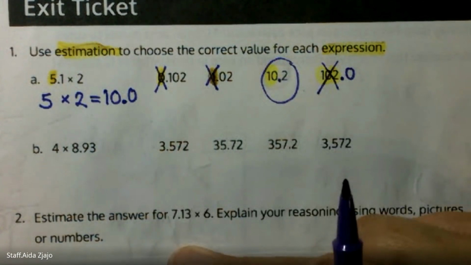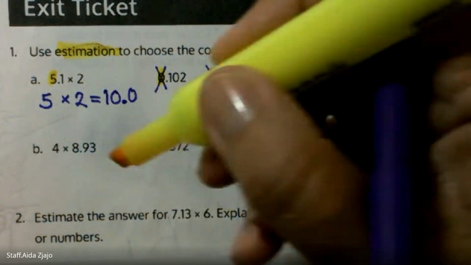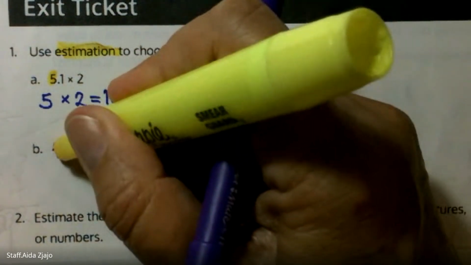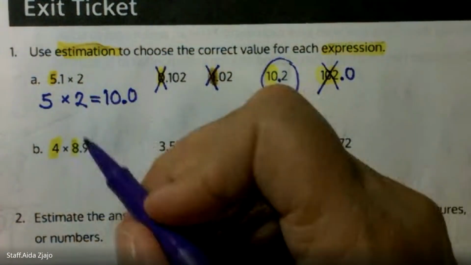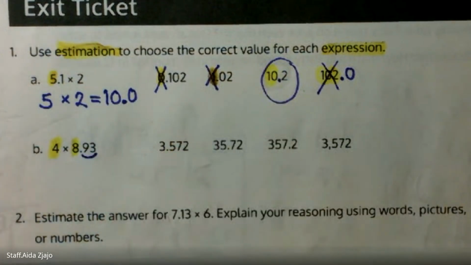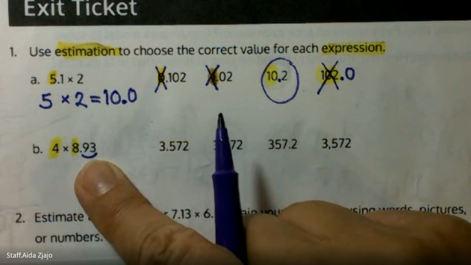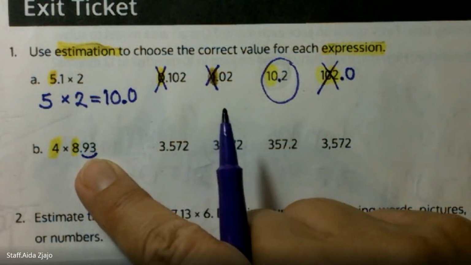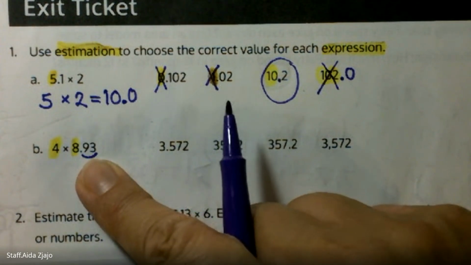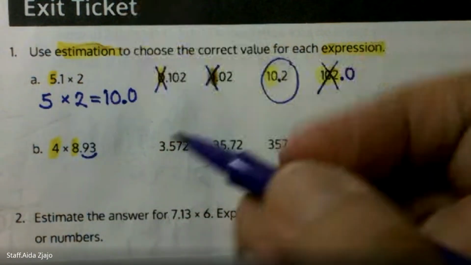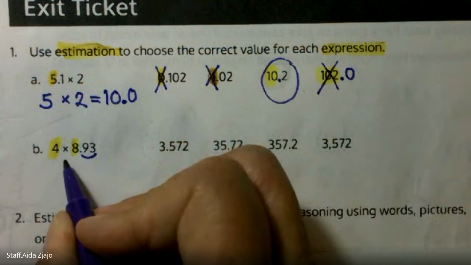So now, if I do 4 groups of $8.93. Look, 93 cents. So 93 cents is about 93 out of 100. 93 hundredths means that you have almost the whole dollar. So that I can estimate this.